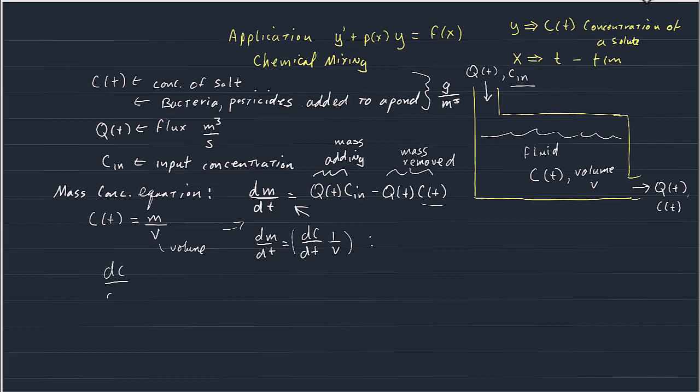And so if we plug this into our equation, we get dc dt is equal to, actually I'm going to write my c's on the left hand side, so I'll bring this term over to the left hand side. So we have plus Q as a function of t over V times C as a function of t is equal to Q times C in.